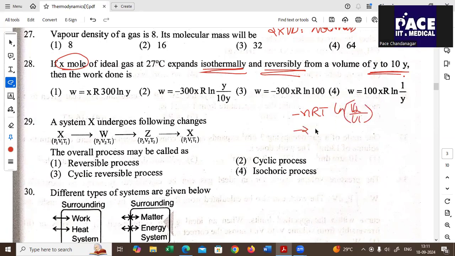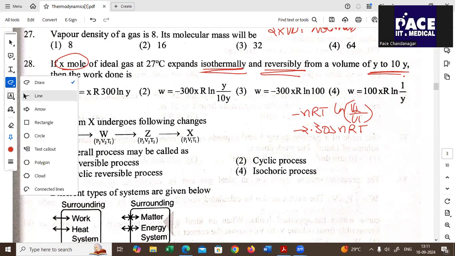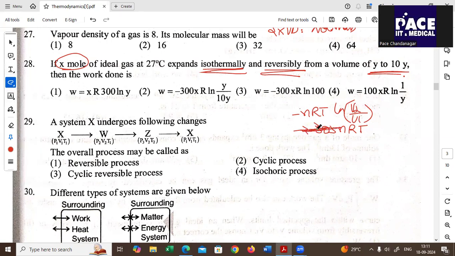Here n stands for number of moles, so it is X moles, and R stands for R only. 27 degrees is 300 K. So minus 300 XR ln V2 by V1. V2 is 10Y and V1 is Y, so V2 by V1 is 10. So it is ln 10.